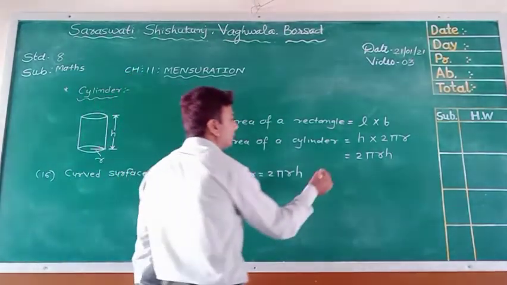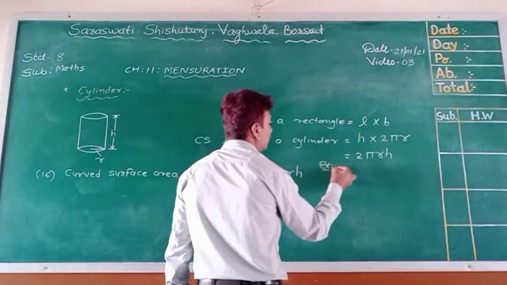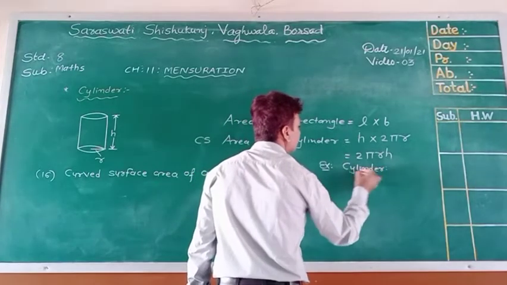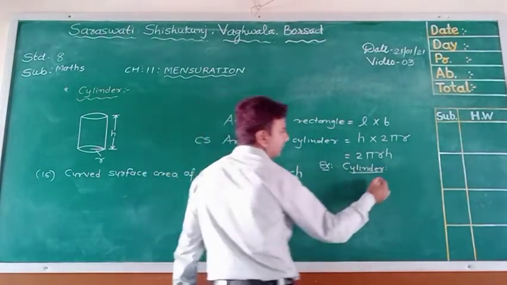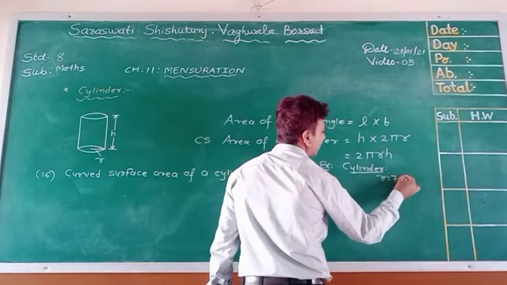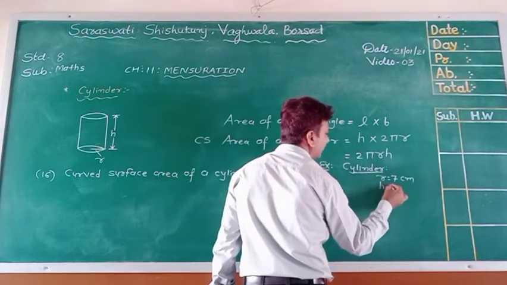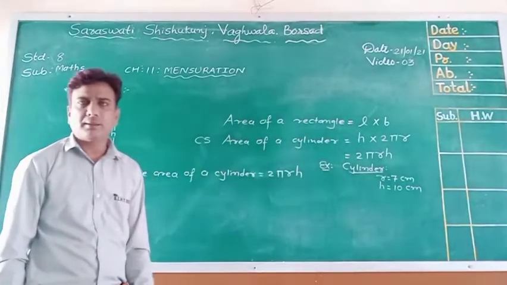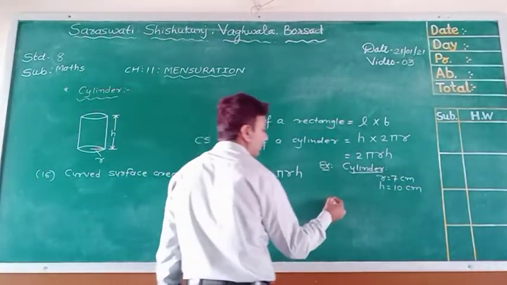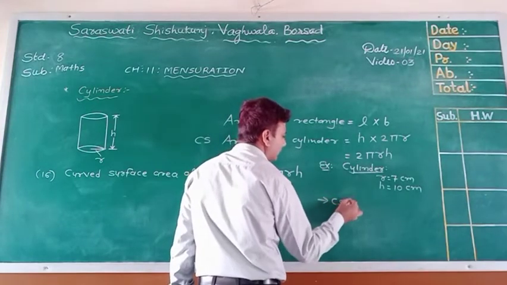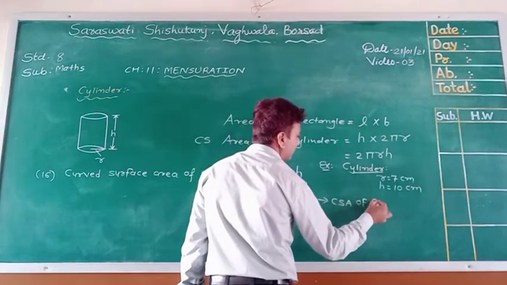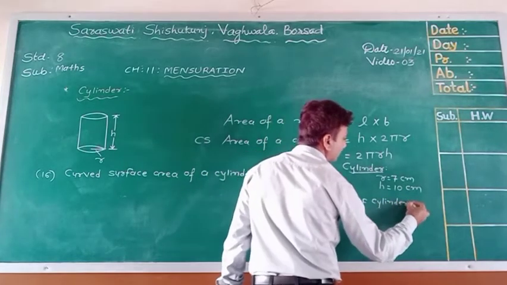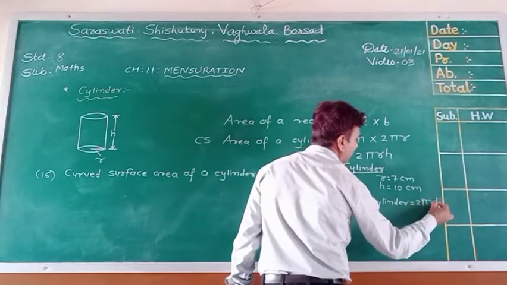Let's take one sum. Suppose in a cylinder the radius is given as 7 cm and the height as 10 cm. Find its curved surface area. So simple, we know this formula: curved surface area of cylinder equals 2 pi r h.